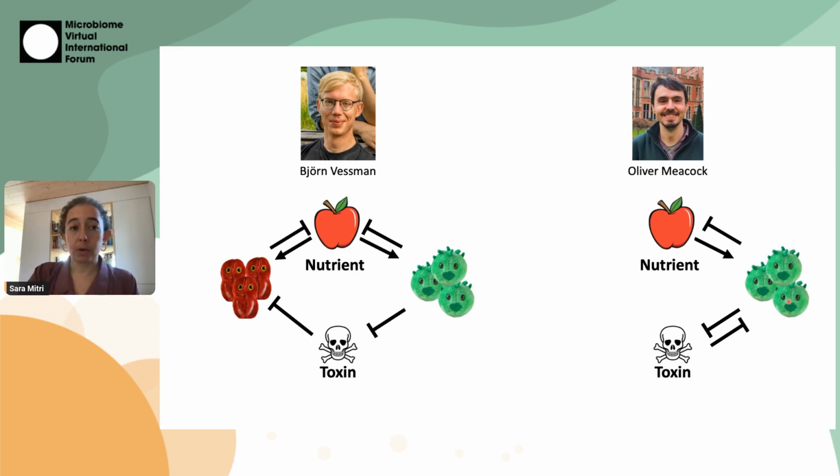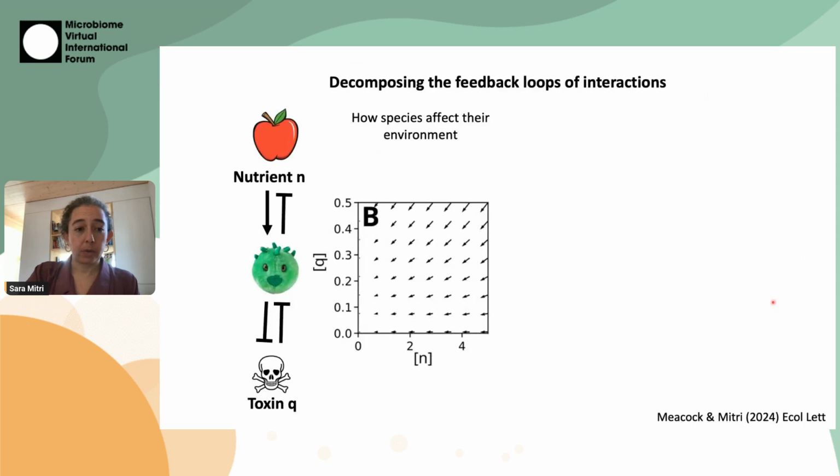What his model was able to show was that you can decompose the interaction of a species with itself into two components. The first component is how the species affects the environment. You can imagine that we can plot the environmental states on two axes. One axis is the concentration of the nutrient, and the other axis is the concentration of the toxin.